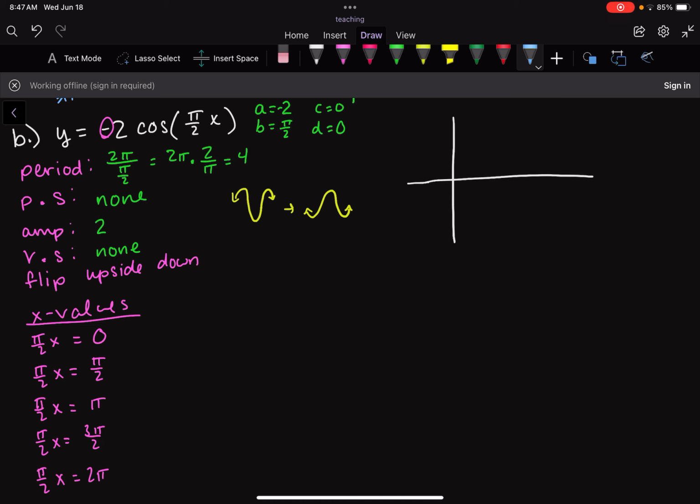So I'm going to use the multiplying by reciprocal idea. There's just so many different ways you can think about it, but if you divide by pi over 2, you can write it that way, or you can use the reciprocal. Anytime I'm dealing with fractions, I like to use a reciprocal. So I'm going to multiply by 2 over pi on both sides.